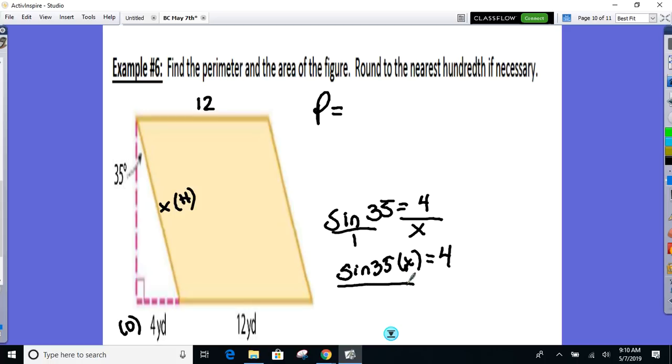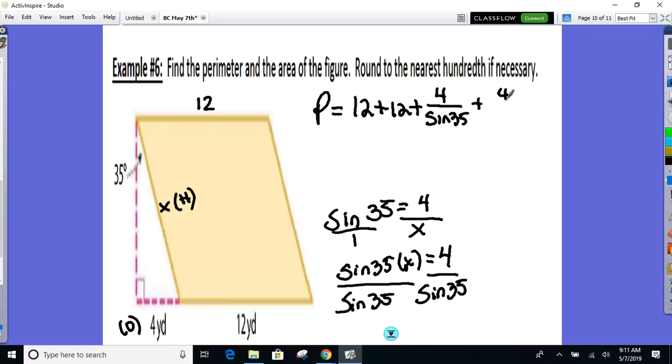Sine of 35. And we're not going to do what? Round a darn thing. So it's 12 plus whatever that decimal was, 4 over the sine of 35, plus 4 over the sine of 35.